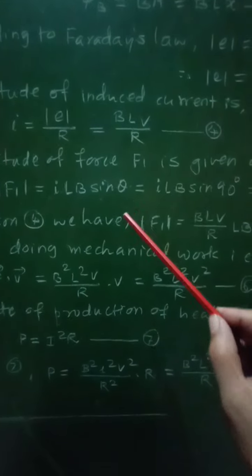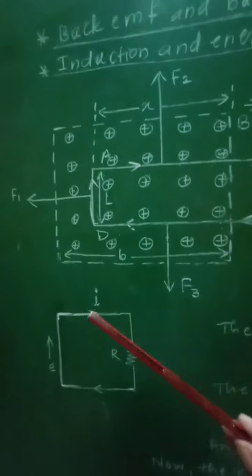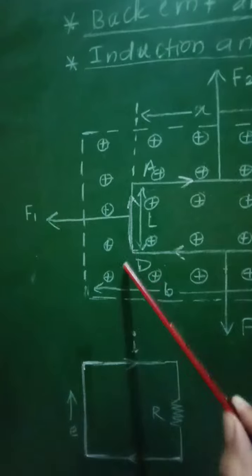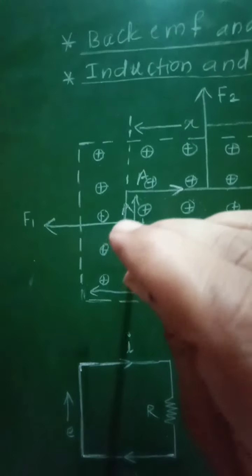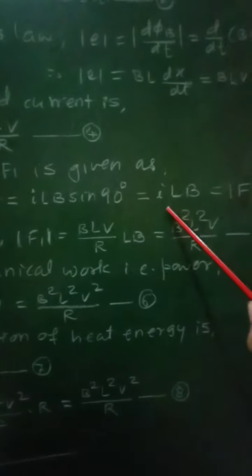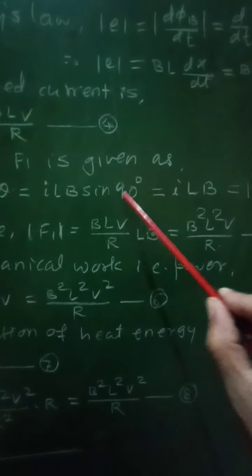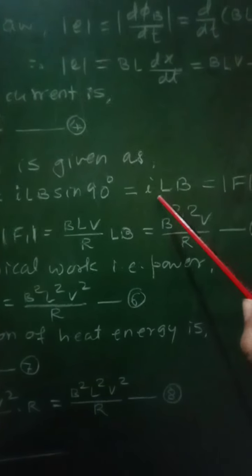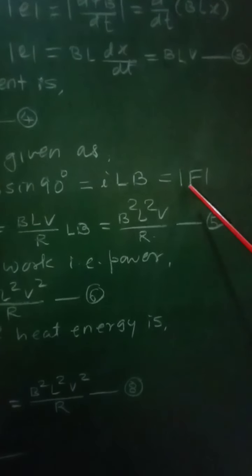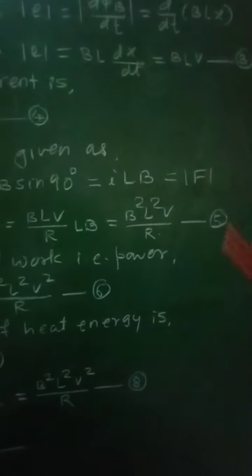Theta is the angle between L and B. Now the length of this segment AD is in the vertical direction, and the magnetic field is perpendicular to it, and therefore theta will be equal to 90 degrees. Hence sin 90 is equal to 1, and the force is equal to ILB, and it will be equal in magnitude to the externally applied force F.